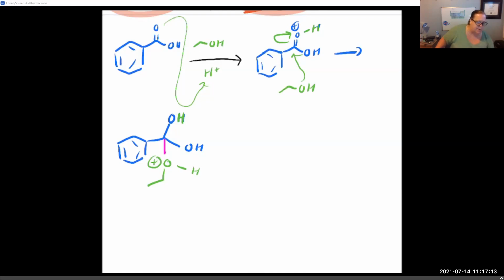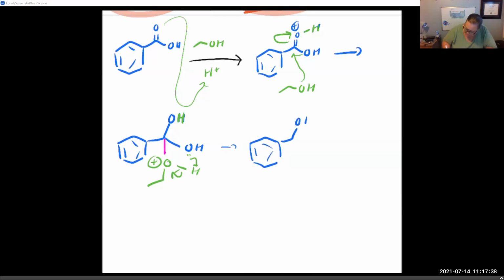Come on, guys. Are you guys just so brain dead from yesterday? Or are you just taking an excessively long time to type? Proton transfer. Yeah, I'm going to do a proton transfer. Perfect. And so now I have this.